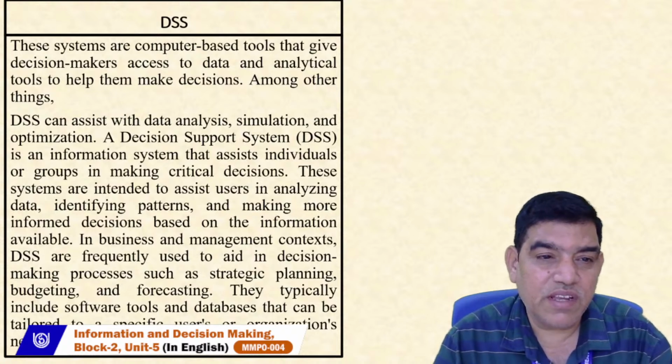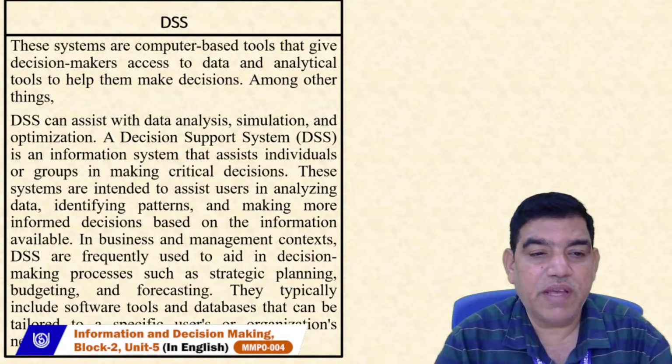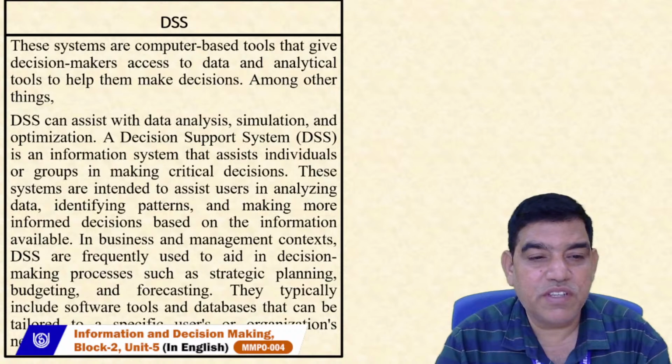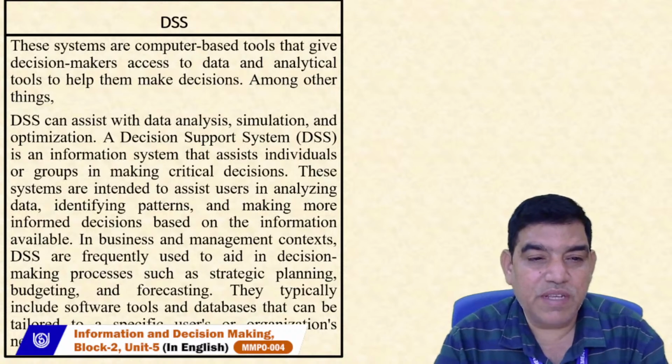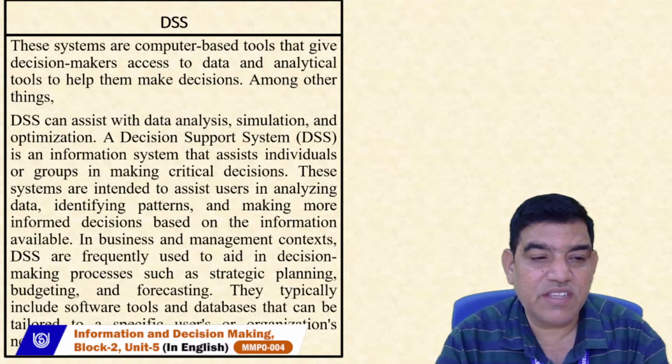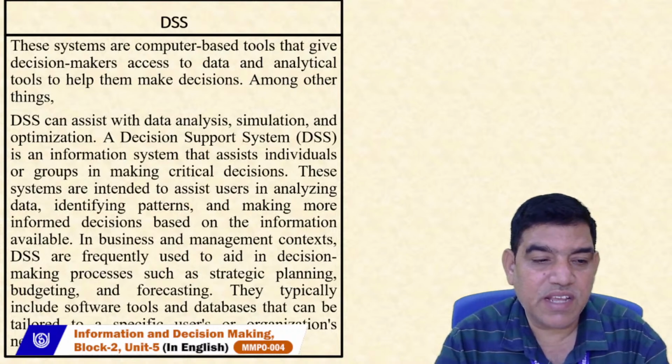These systems are intended to assist users in analyzing data, identifying patterns, and making more informed decisions based on the information available. In business and management contexts, DSS are frequently used to aid in decision-making processes such as strategic planning, budgeting, and forecasting. They typically include software tools and databases that can be tailored to a specific user's or organization's needs.